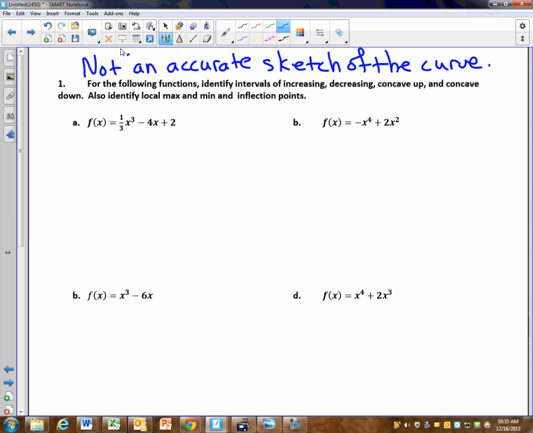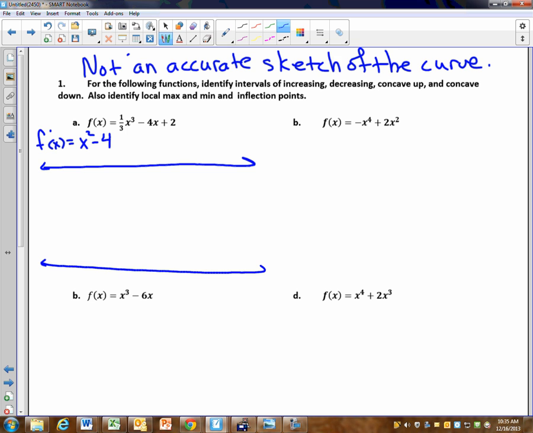Here's what we're going to do, okay? We're going to take the first derivative. What is f prime of x? Everybody agree, x squared minus 4? What is f double prime of x?